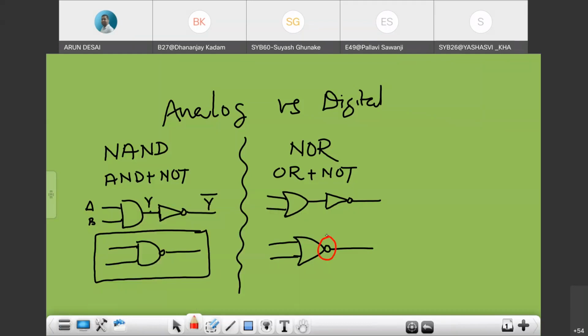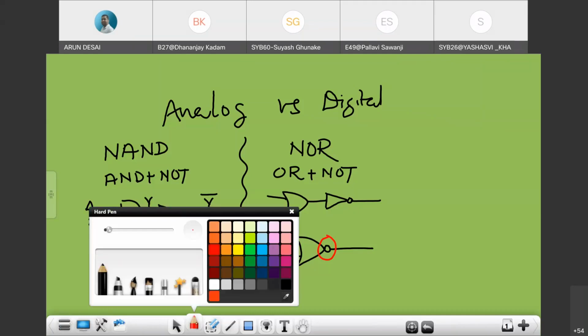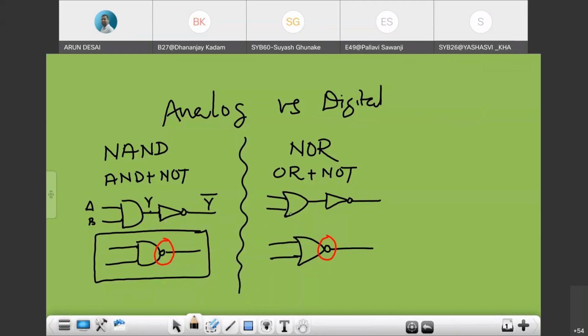Concentrate on both the symbols: the bubble is at the output side. So this is about NOR. Just try to complete the truth table for the NOR gate.